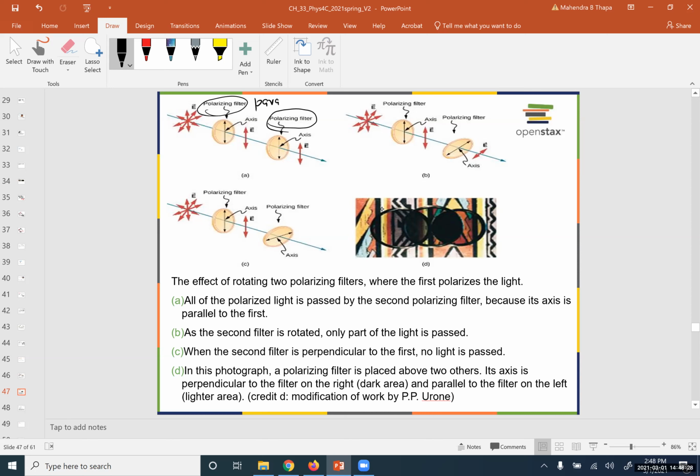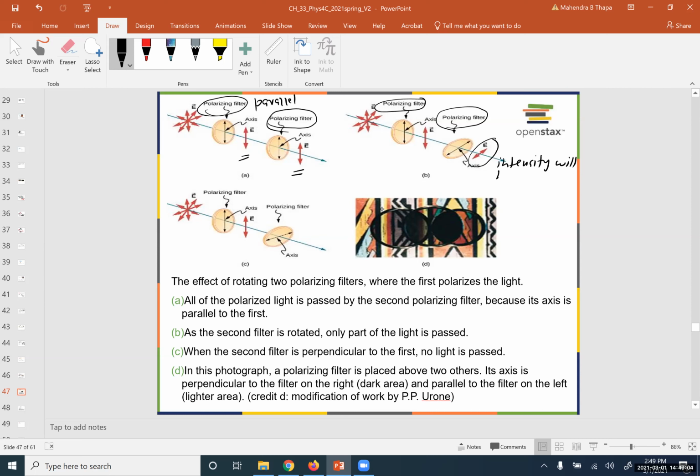Then the light coming through the first filter will pass through the second filter, so the intensity will be the same. But in this case, the axes of the polarizing filter and the analyzing filter are not parallel, so the intensity will be less.